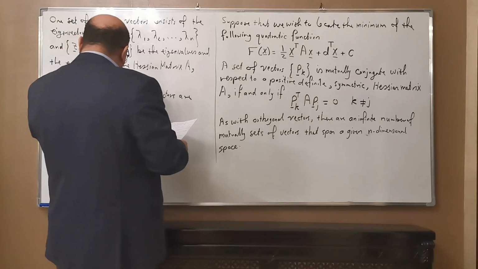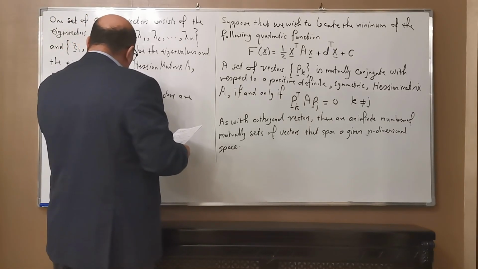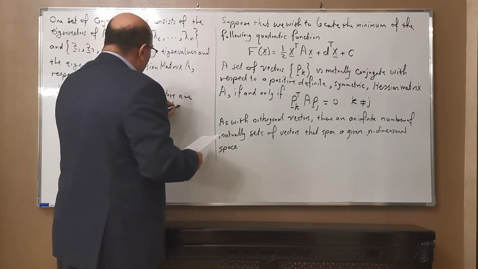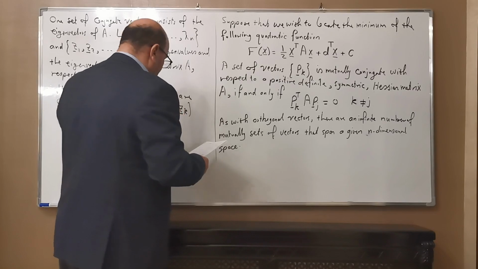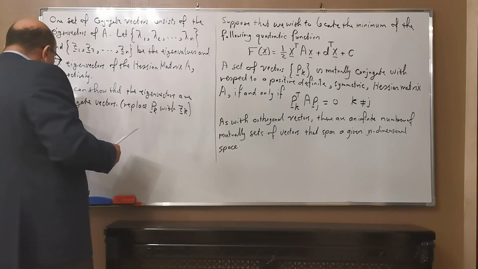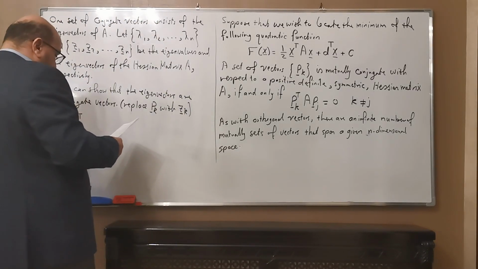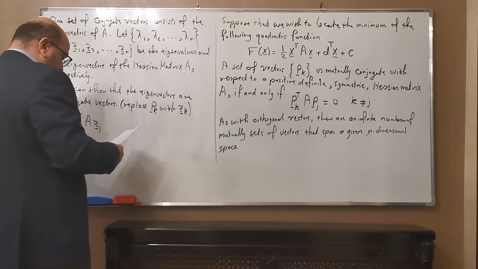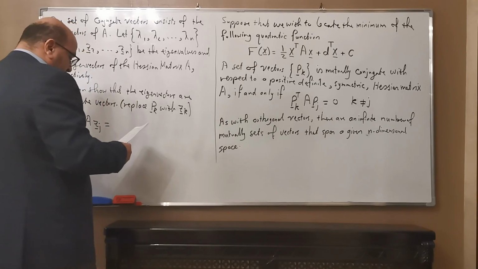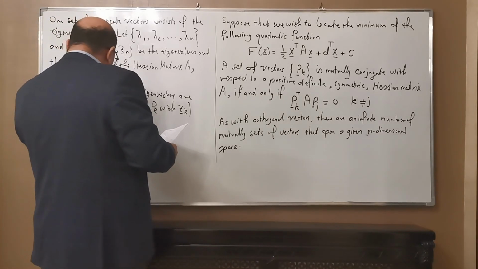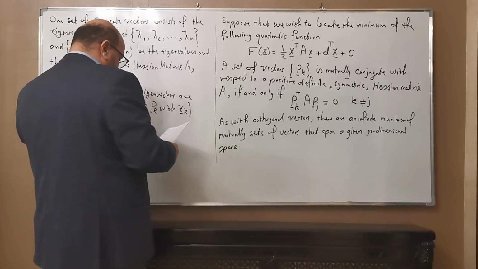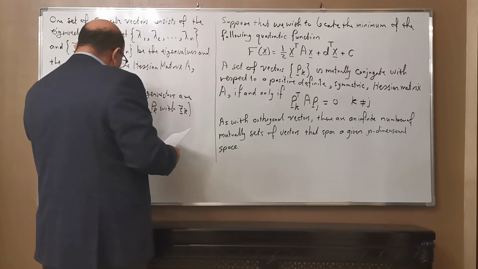So if we replace p sub k with z sub k, then we have z sub k transpose A z sub j. This is equal to lambda j times z sub k transpose z sub j.